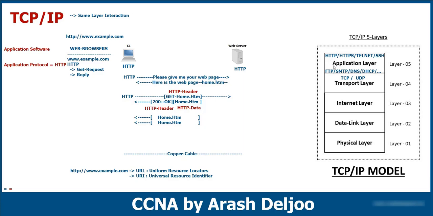For example, HTTP uses TCP, HTTPS uses TCP, Telnet and SSH use TCP, FTP uses TCP, SMTP uses TCP, DNS and DHCP, for example, use UDP. Okay, and this is the choice of the designers of those protocols.